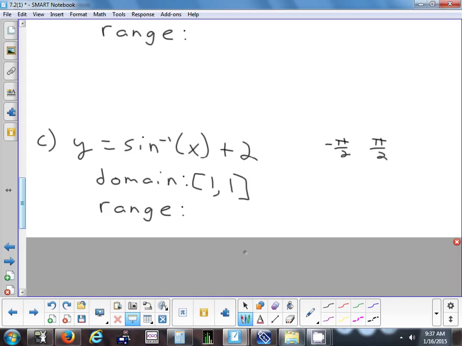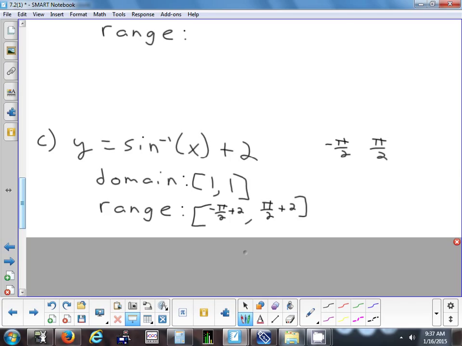Now, there's no nice way to write this answer. You're shifting both of these values up 2. So what I would do is just write negative pi over 2 plus 2 to pi over 2 plus 2. Now, you could find a common denominator if you wanted to and add them up, but it's still not going to be a terribly nice number.